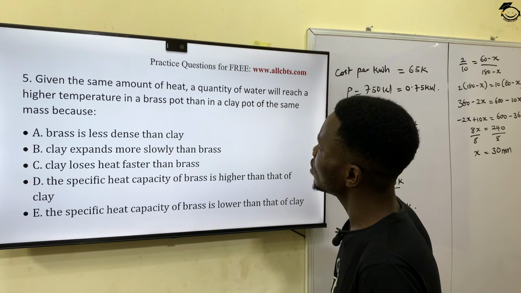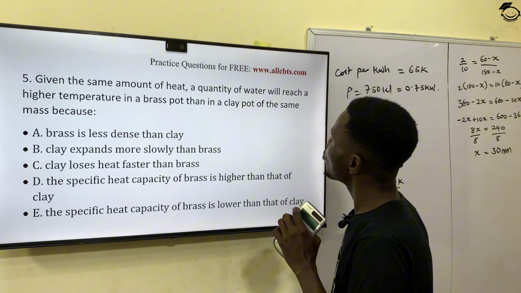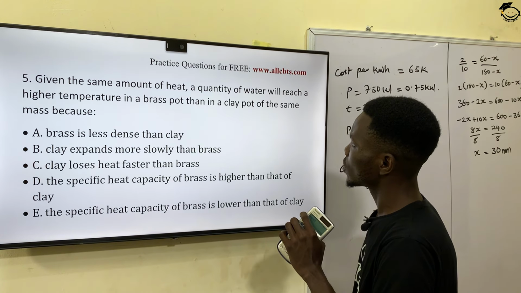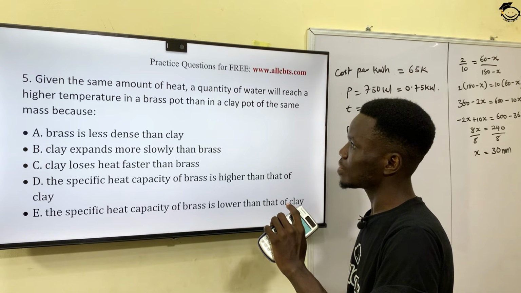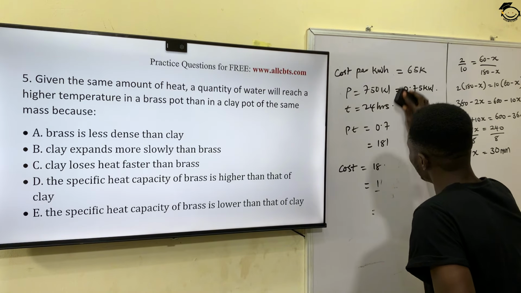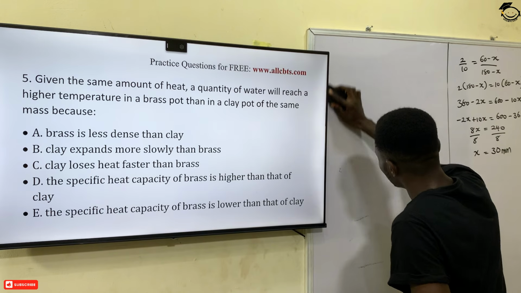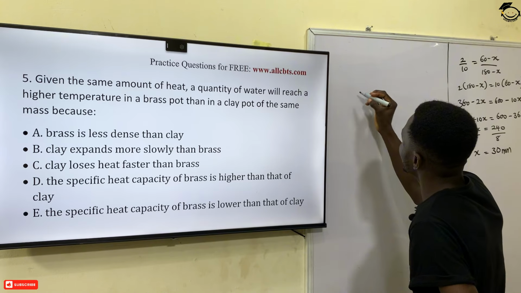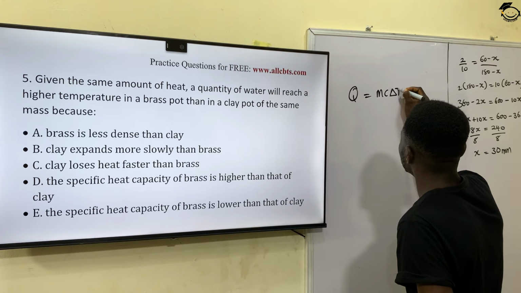It says, given the same amount of heat, a quantity of water will reach a higher temperature in a brass pot than in a clay pot of the same mass because, so we know that from our specific heat capacity and latent heat that there's a relationship between the quantity of heat. So we know that quantity of heat is equal to MC change in temperature.